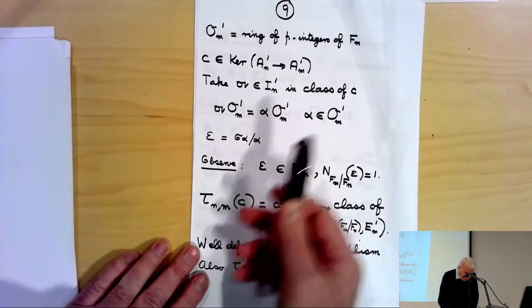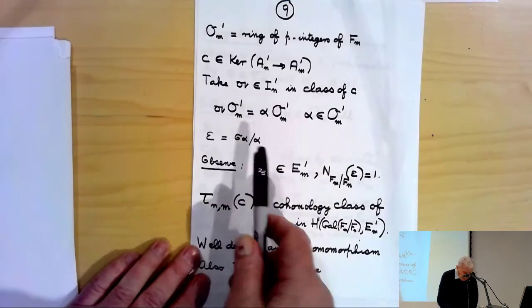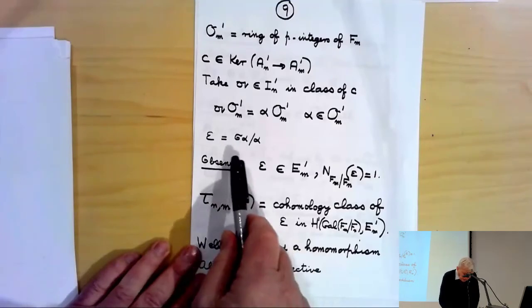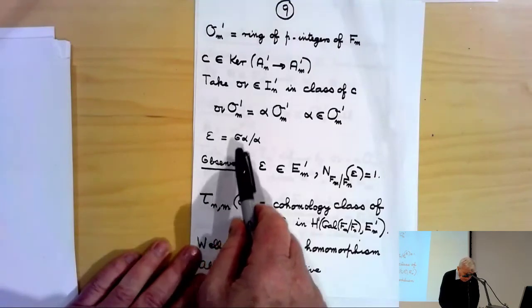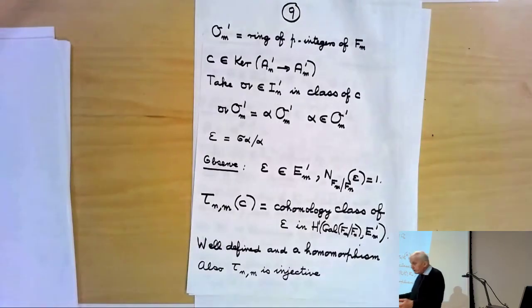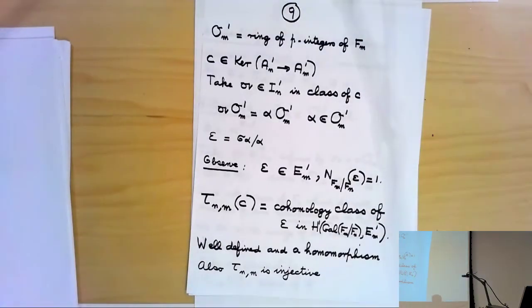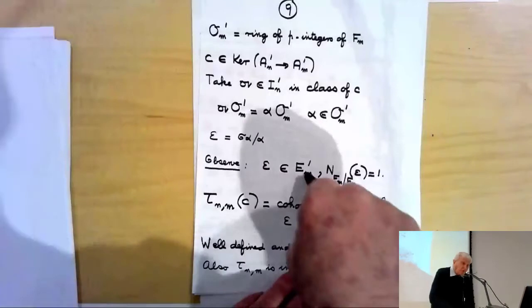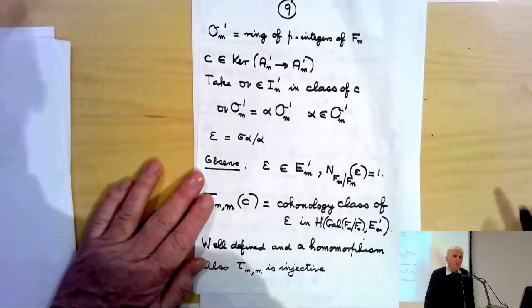And also, because A was an ideal of A n prime, this tells me that in fact sigma alpha and alpha, again we're forgetting the situation at the primes dividing p, must have the same factorization. So in other words, the ratio sigma alpha over alpha will be a unit. It'll be in Em prime.